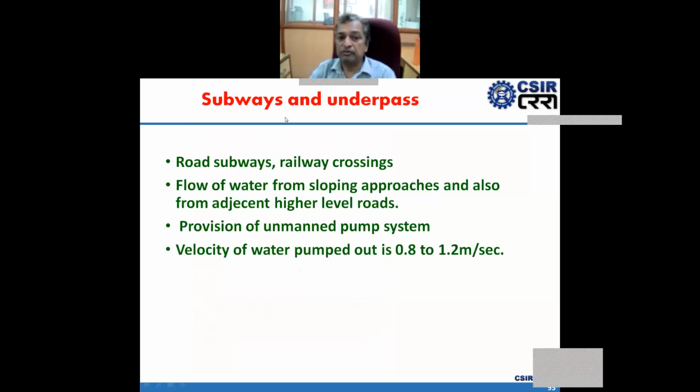Subway and underpass, road subway and railway crossings. Flow of water from sloping approaches and also from adjacent higher level roads. Provision of unmanned pump systems, velocity of water pumped out 0.8 to 1.2 mm per second.